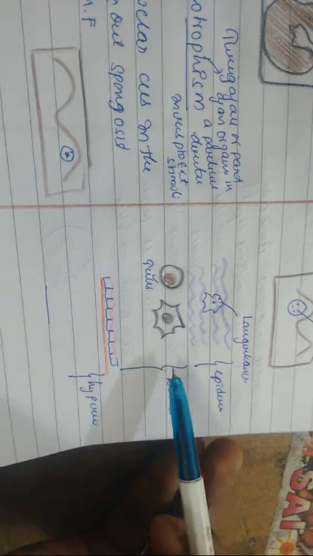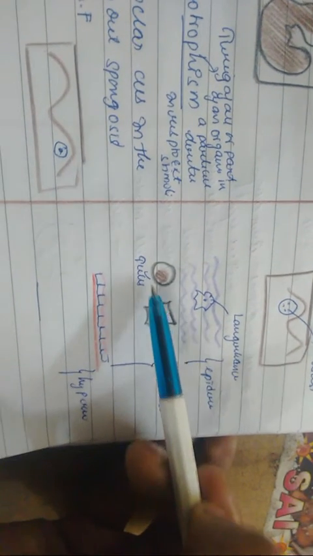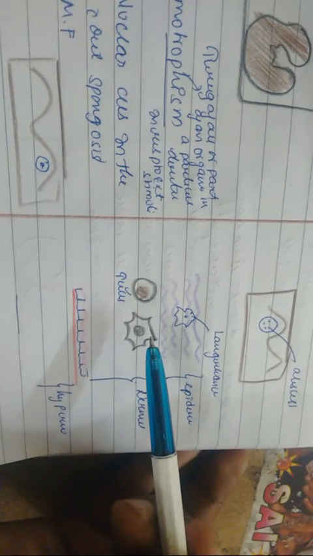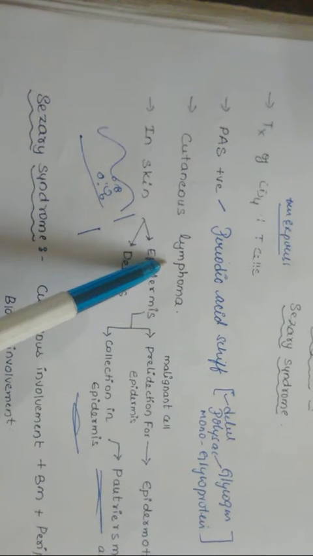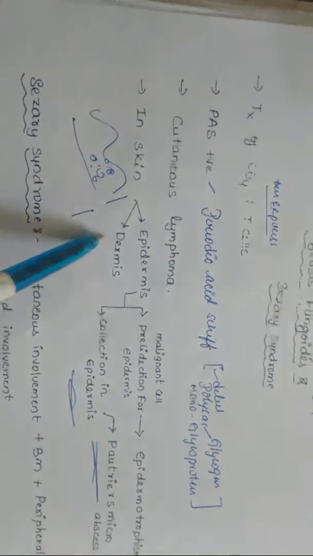In the dermis also you have got lymphatic T cells, and now these T cells are affected, right? If these T cells present in the dermis are affected, of course there is a cutaneous problem, so cutaneous lymphoma.